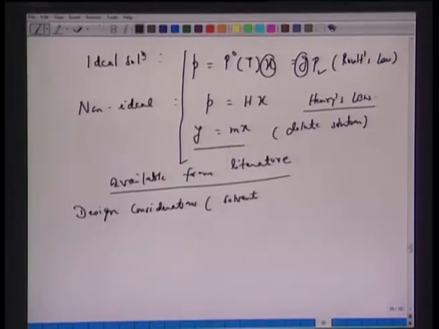For the choice of the solvent, of course, the first is that the gas should have very large, significant solubility. If we choose water, we should have a very large solubility for sulfur dioxide or for ammonia. The second is volatility.